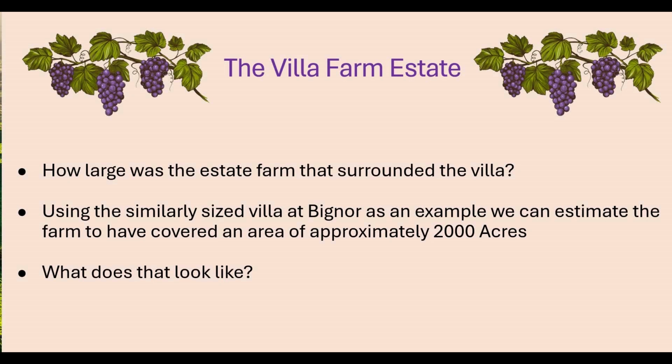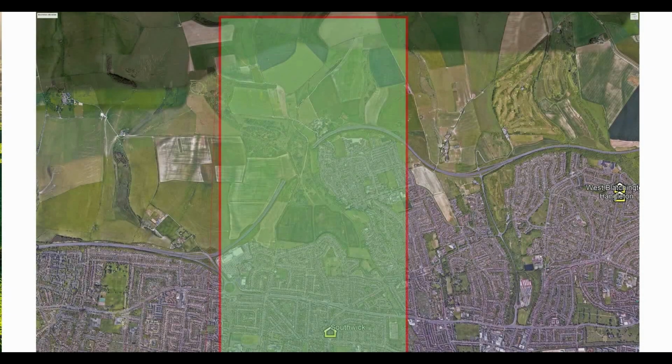So how large was the estate that surrounded the villa? Using the similarly sized villa at Bignor as an example, we can estimate the farm to have covered an area of approximately 2,000 acres. So what does that look like? 2,000 acres would have taken in a large number of the Celtic fields surrounding the villa.